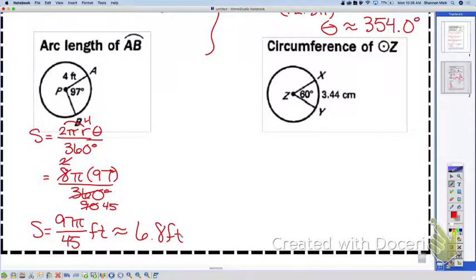Okay. So now it wants the circumference of the circle. Well, circumference is 2 pi r, yes? Okay. So what could I do? The circumference is in the arc length formula, like it's in there.